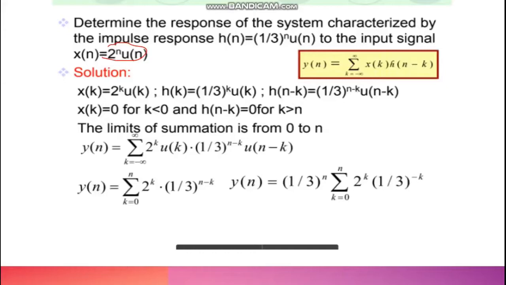So you know that x of n convolution h of n is y of n, right? The important point is convolution in time domain is multiplication in frequency domain. So you have to convert it into the frequency domain, and this becomes multiplication, and it will be simple to do.